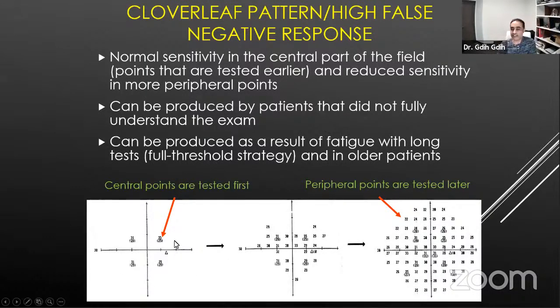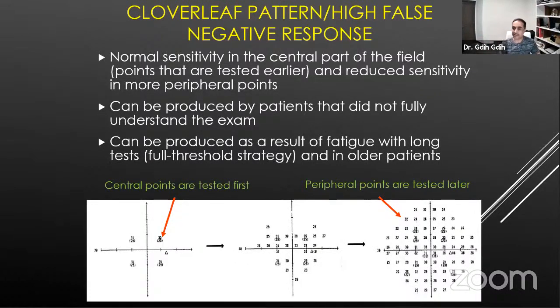We call these the fixation points, and it will start recording the responses there in numbers. Then as the test progresses, it goes out from the 4 central points and starts testing around these points and goes outwards.